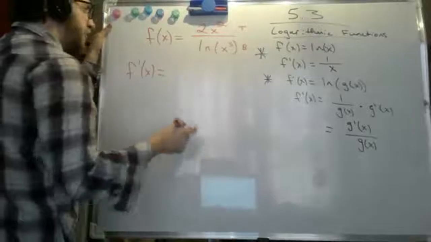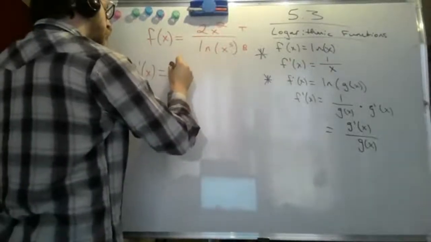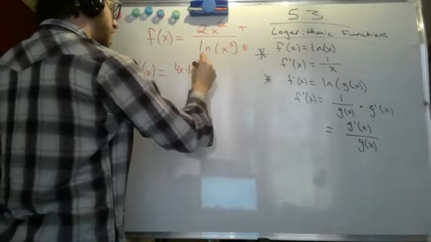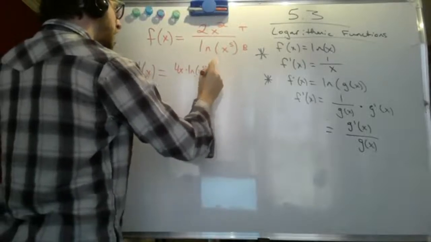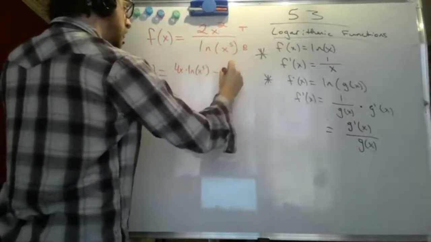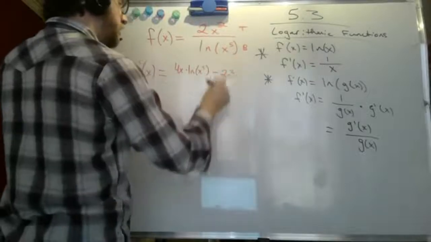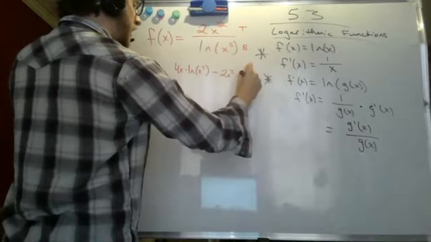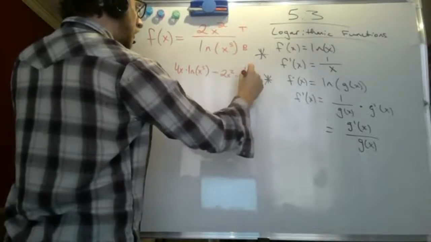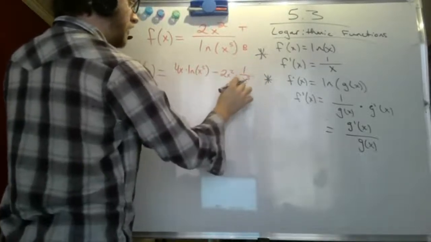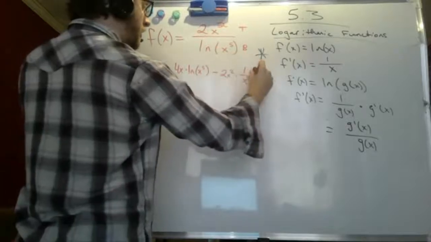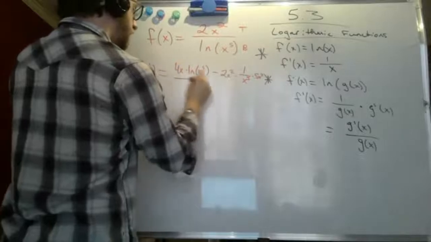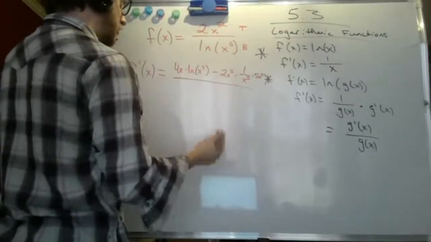It's derivative of the top, so it's going to give us 4x times the bottom, that's natural log of x to the 5th, minus the top, 2x squared, times the derivative of the bottom, which is going to be 1 divided by x to the 5th, times the derivative of the inside part, which is going to be 5x to the 4th. And this is all divided by the denominator squared.